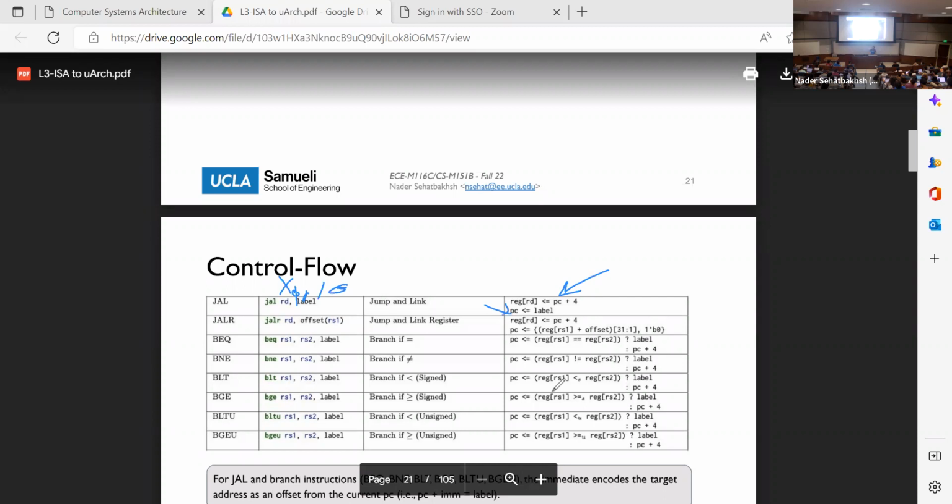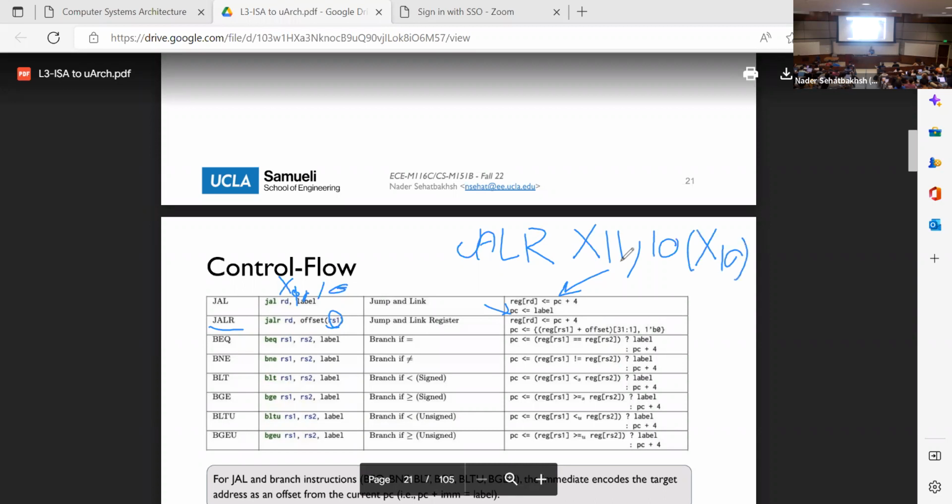If you want to jump to the address that x10 points to, then you have to use jalr and use rs1 like this. So you do jalr and whatever register you want to link to, let's say x11 in this case. And as I said, we usually use this format of putting the offset outside and the register number inside.